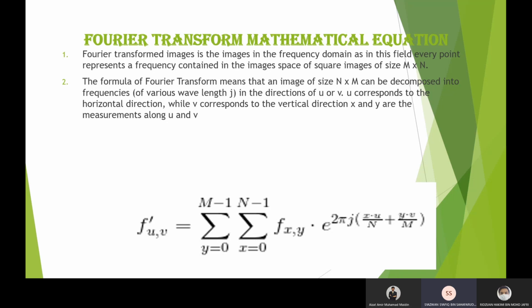The formula of the Fourier transform means that an image of size n times n can be decomposed into frequencies of various wavelengths in the direction of u or v. U corresponds to the horizontal direction while v corresponds to the vertical direction. X and Y are the measurements along u and v. As you can see, this is the formula used to calculate and perform face recognition.